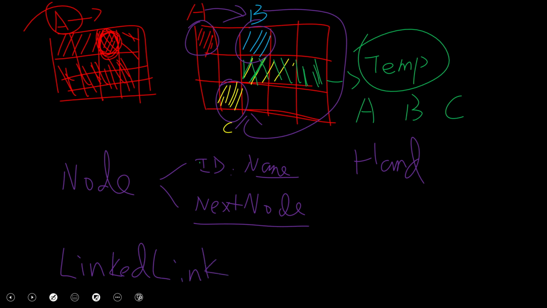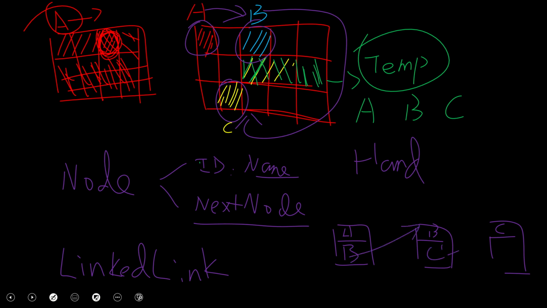So we link A, B, C together. A's next has to link to B, and B has to link to C. And the tail one just points to none. So this is the idea of linked list.